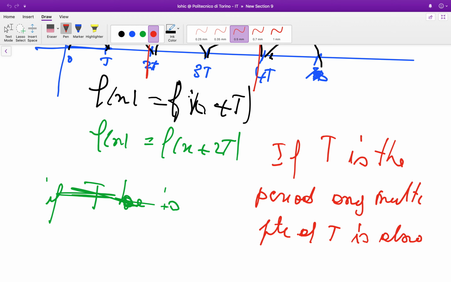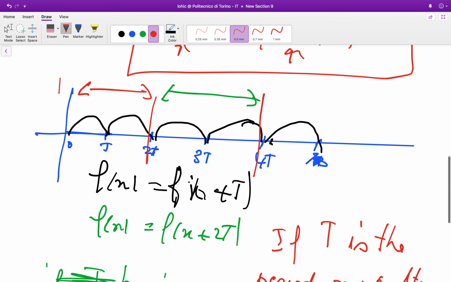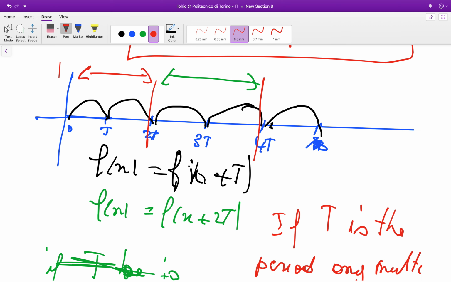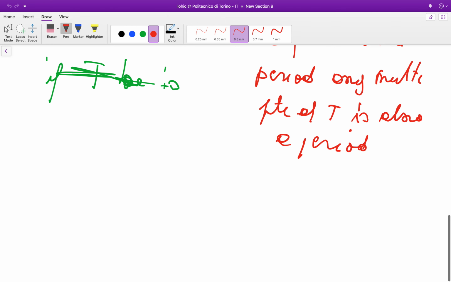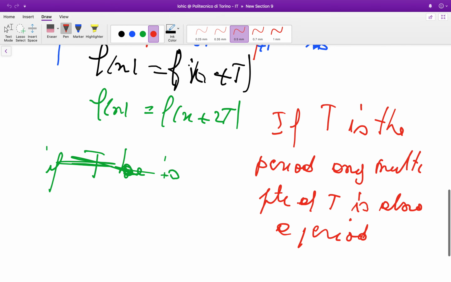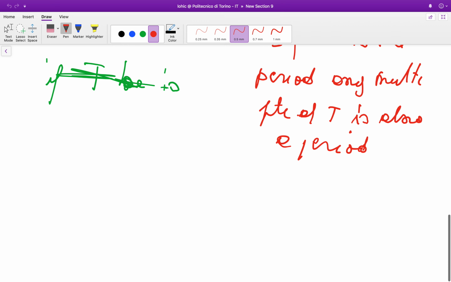Is that clear? What did we see here? We saw that if t is the period, also 2t will be a period. So when we talk about the period of a function, we talk about the smallest possible period, because once I know a period, any multiple of that period is still a period. Is that clear? Okay. Doubts?